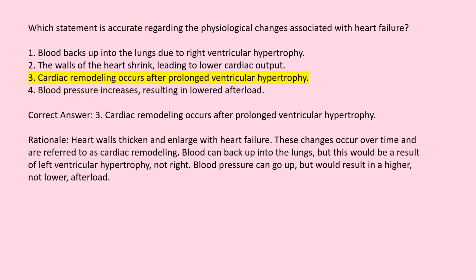Correct answer. 3. Cardiac remodeling occurs after prolonged ventricular hypertrophy. Rationale. Heart walls thicken and enlarge with heart failure. These changes occur over time and are referred to as cardiac remodeling. Blood can back up into the lungs, but this would be a result of left ventricular hypertrophy, not right. Blood pressure can go up, but would result in a higher, not lower, afterload.